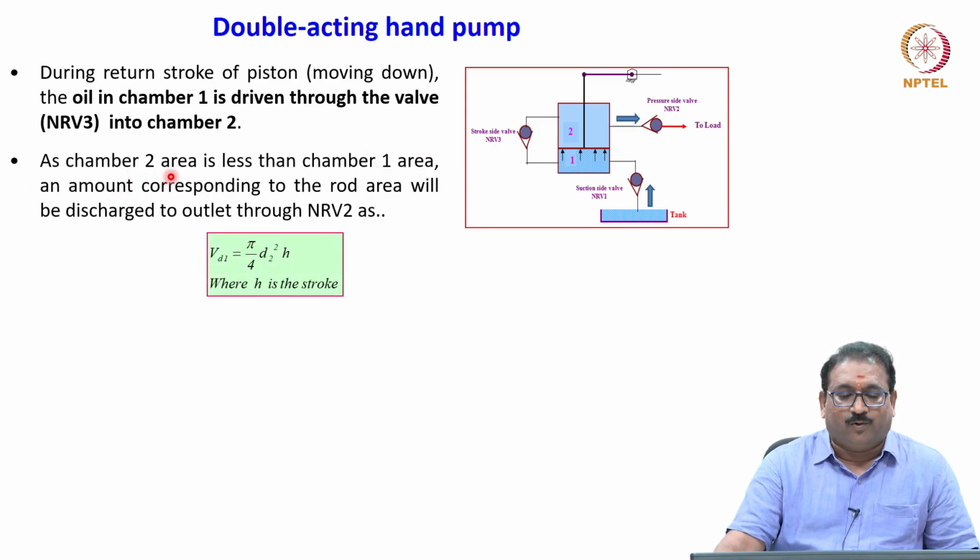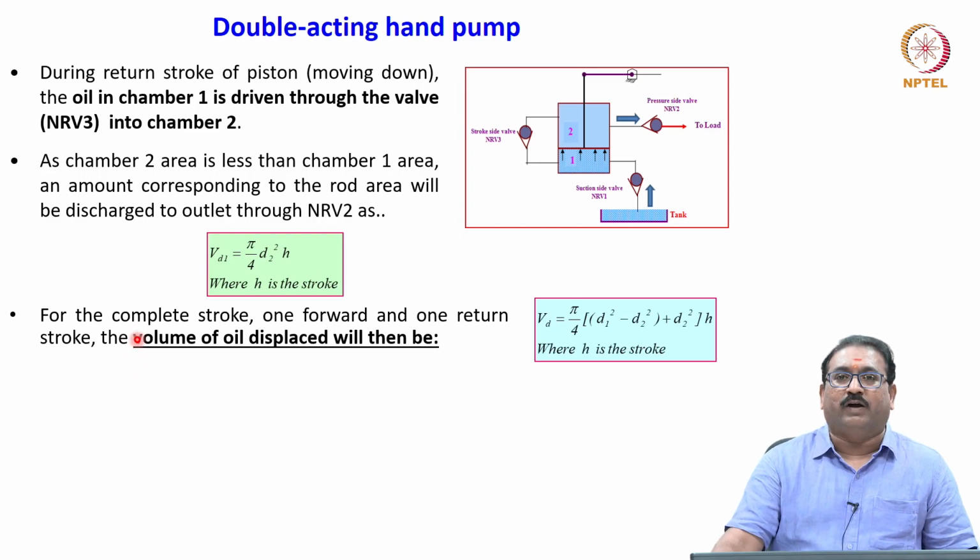As chamber 2 area is less than the chamber 1 area, an amount corresponding to the rod area will be discharged to the outlet through the NRV2. So, VD1 during the downward stroke, what is that? Pi by 4 d2 square into h.